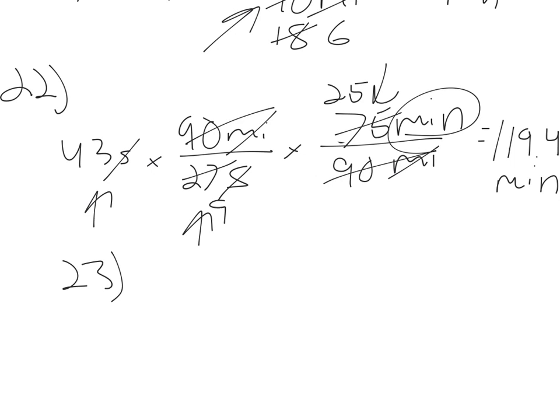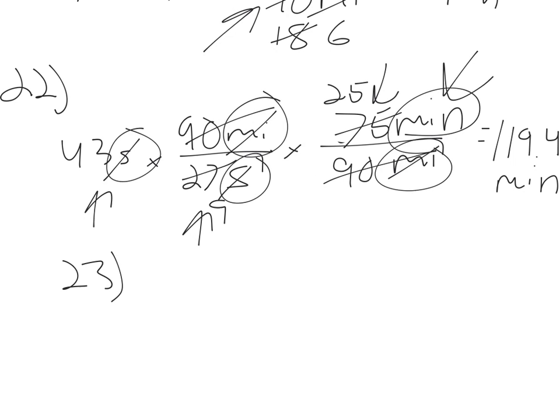23 says, write a grammatically correct English sentence to describe which unit you will be left with in the answer. Let's see what they're asking there. Which unit you should be left with in the answer. You should be left with this last unit that's on the top. So the one you start with will cancel down here. The next one you start with will cancel down here.